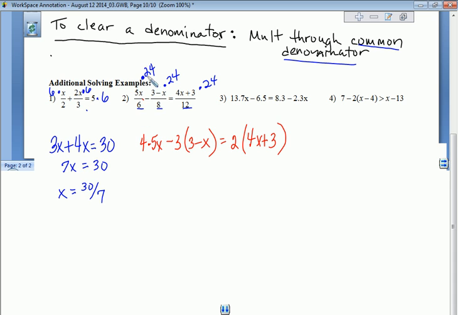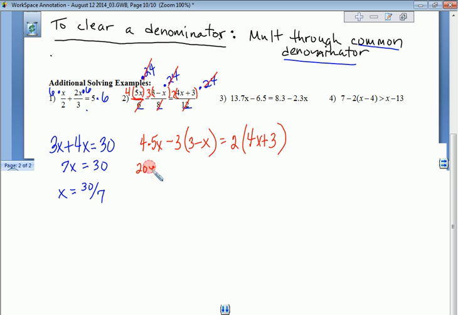So since the 24 is really divided by the 6, I can say 6 goes into 24 4 times, and 8 goes into 24 3 times, and 12 goes into 24 2 times. So it ends up being 4 times the 5x minus 3 times the 3 minus x equals 2 times the 4x plus 3.